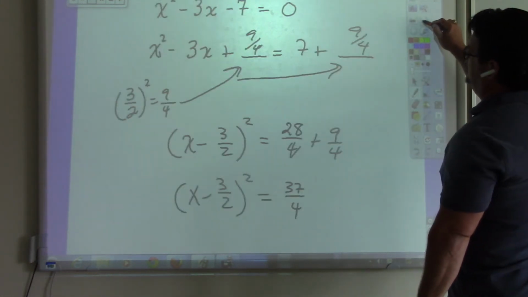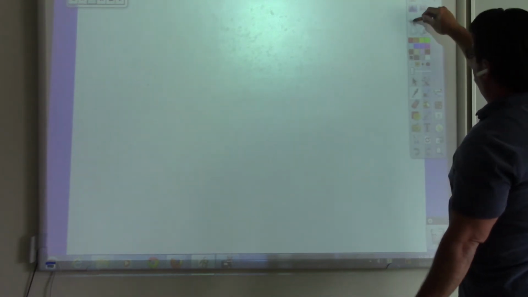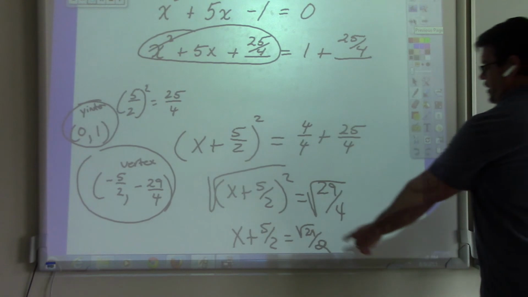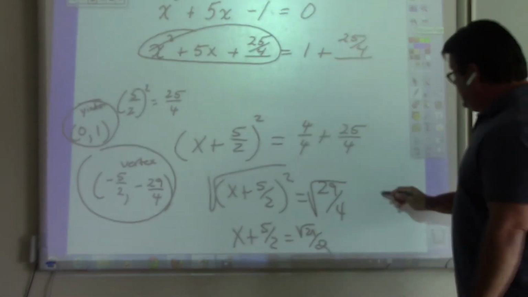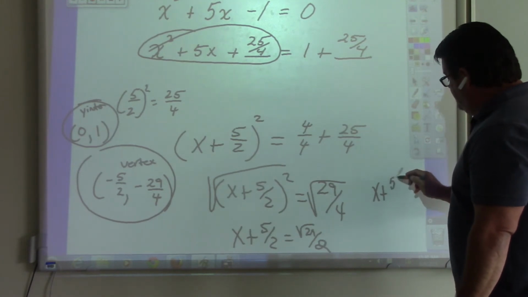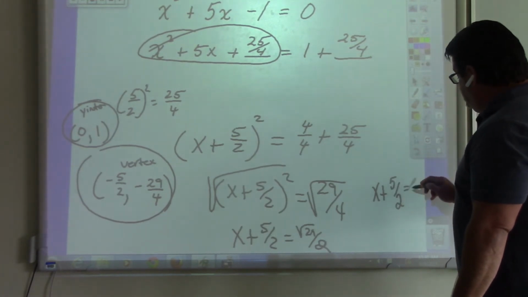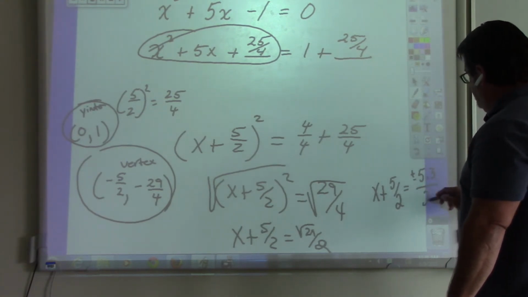So 29 is a little less than that, so I'm going to say that probably 5.3. So x plus 5 halves is equal to positive or negative 5.3 over 2.